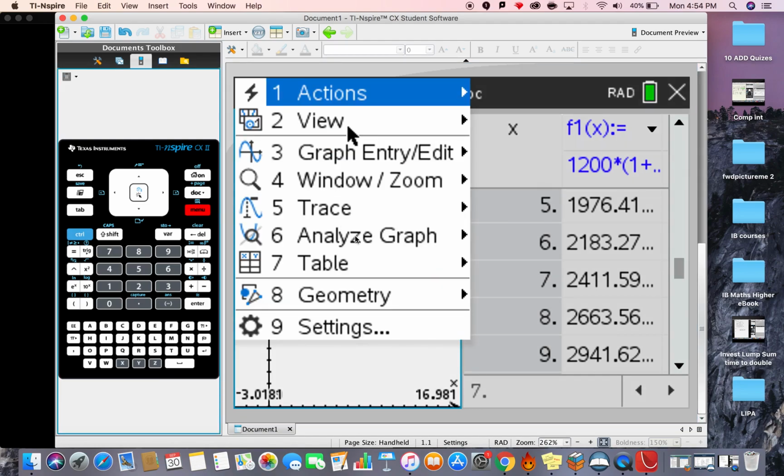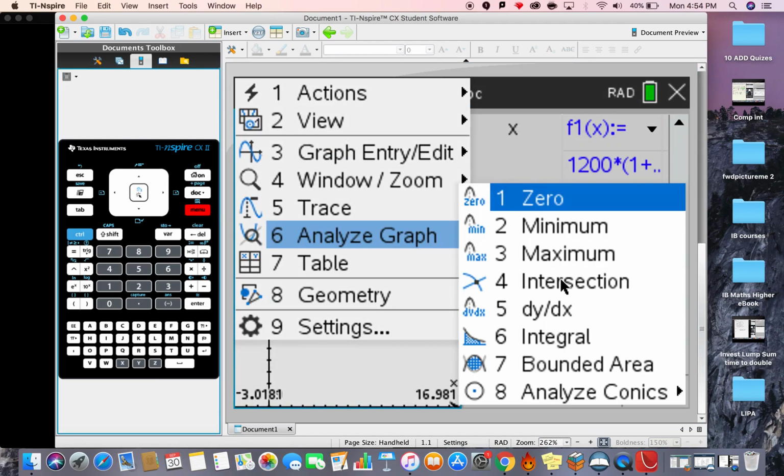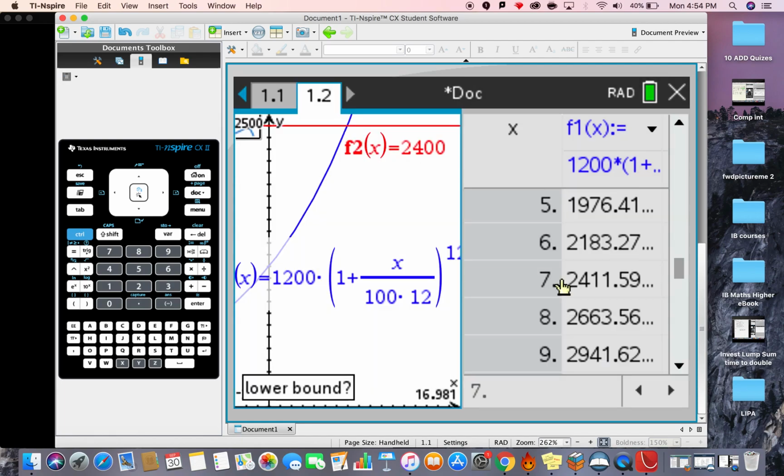Menu, analyze graph, intersection, and we have to search a little bit before, a little bit after, and here is the value we want. When the interest rate is 6.95%, we get a final value of 2,400.